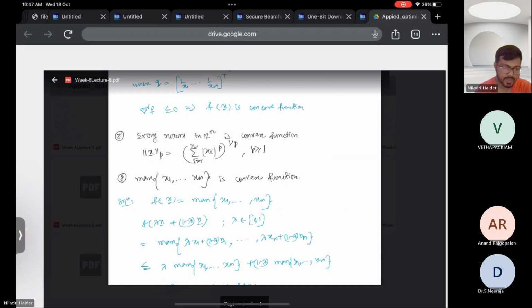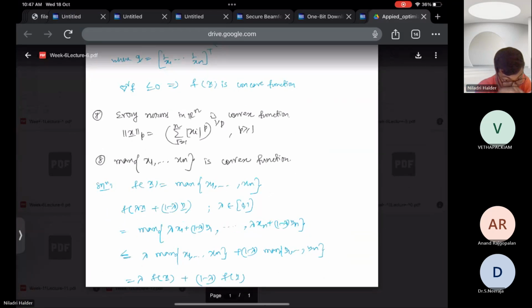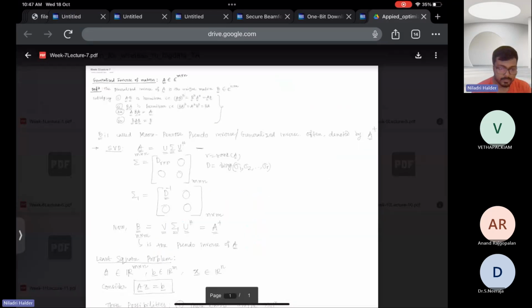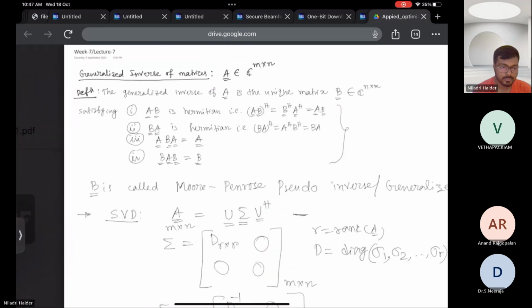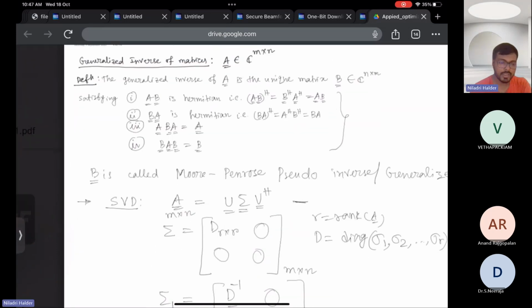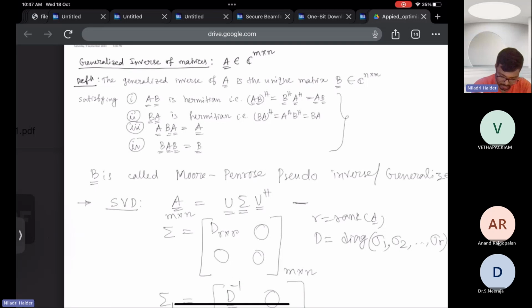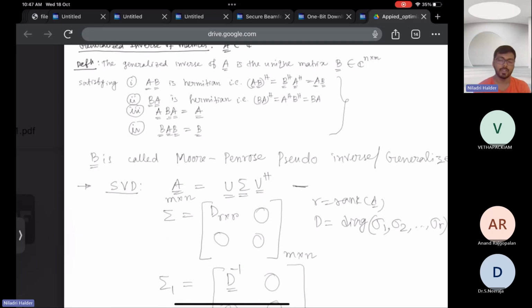Then week 7. This is the generalized inverse of matrices. The pseudo inverse, I have shown that for the least square problem, the pseudo inverse is coming. So this is a generalized inverse.